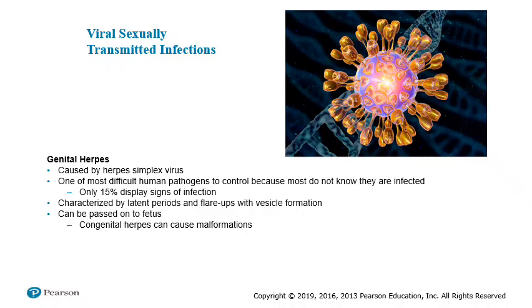It can be passed on to the fetus, and congenital herpes can cause malformations of the fetus. The treatment will be antiviral drugs, which can reduce the duration and intensity of the flare-ups. This is really hard and lengthy to manage.